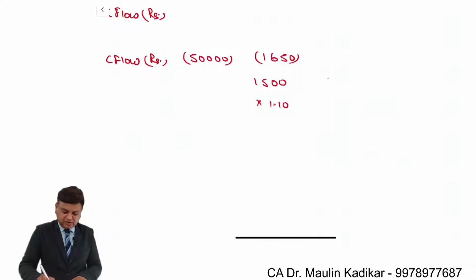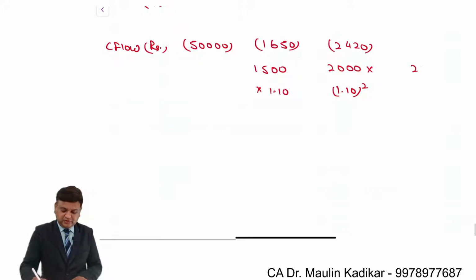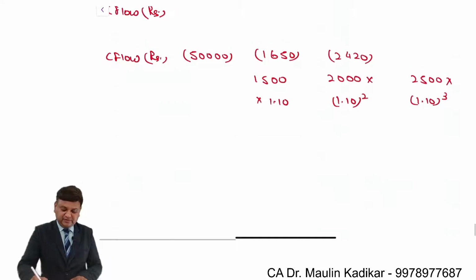Second year it will be 2000 into 1.10 raised to 2, so it is 2420 outflow. And for the third year it is 2500 into 1.10 raised to 3, so it is 3327.5 outflow.